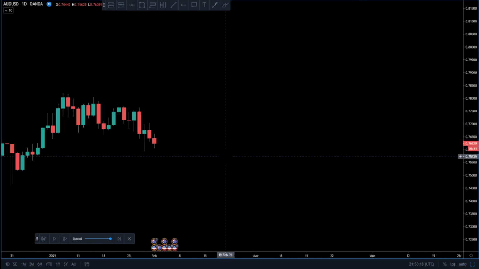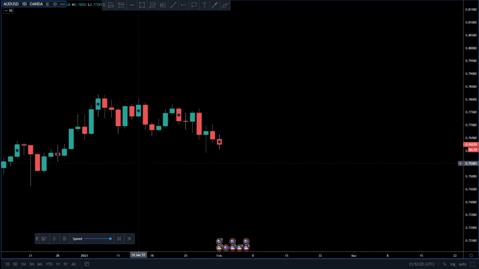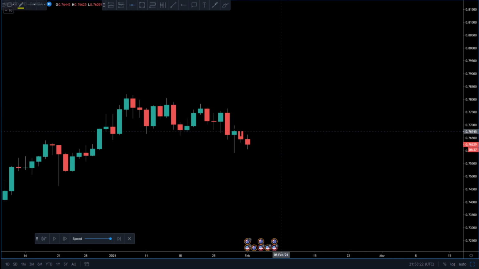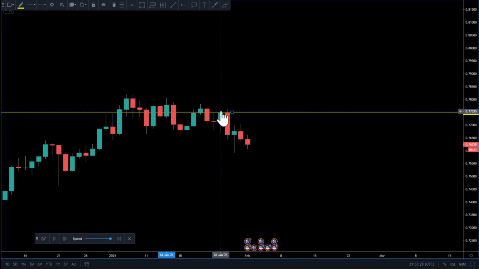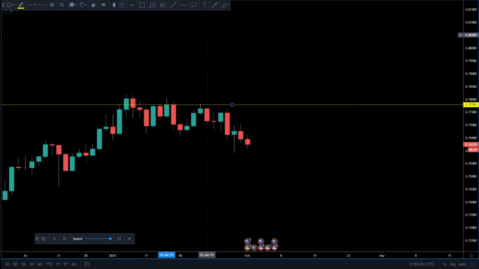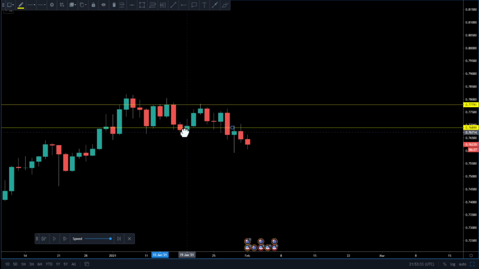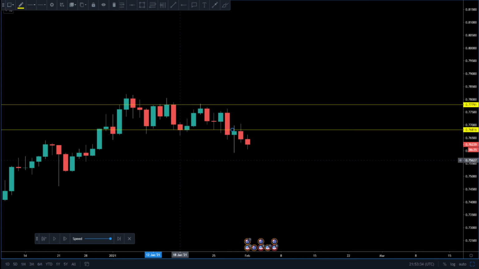Let's just zoom in. On the daily, we've got resistance up here, then here, and then here, and it's making lower highs. We had an opposing level here. There's a little level here as well with these rejection wicks. This one closed underneath.